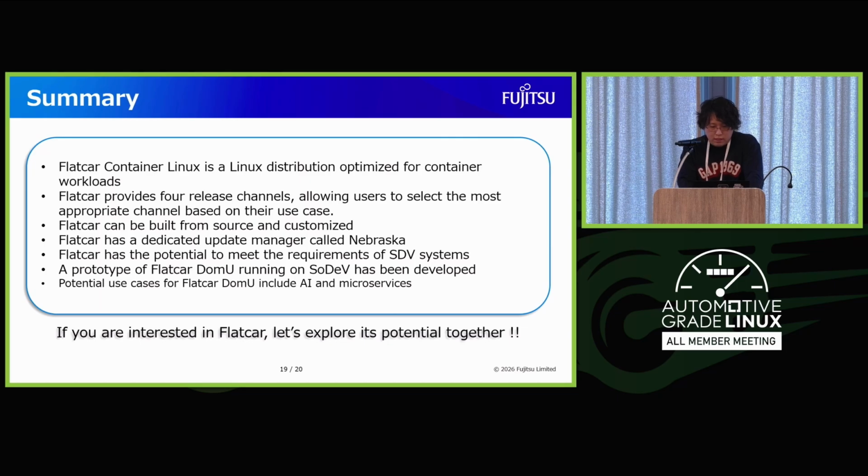Flatcar has a dedicated update manager called Nebraska, which can be used to manage automatic updates. From the viewpoints of container support, customizability, and continuous releases, we think Flatcar could become an important component for building an SDV system.